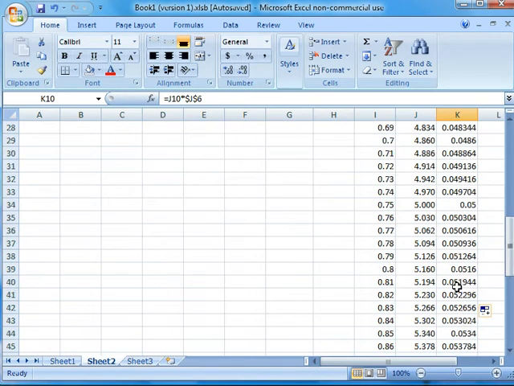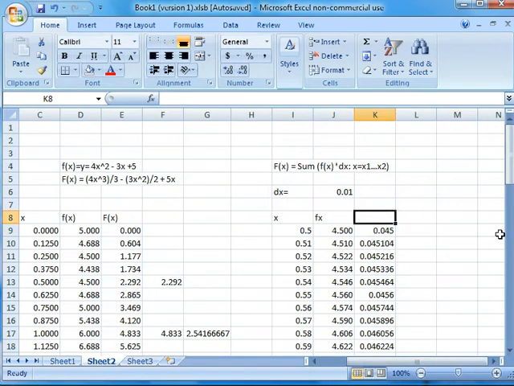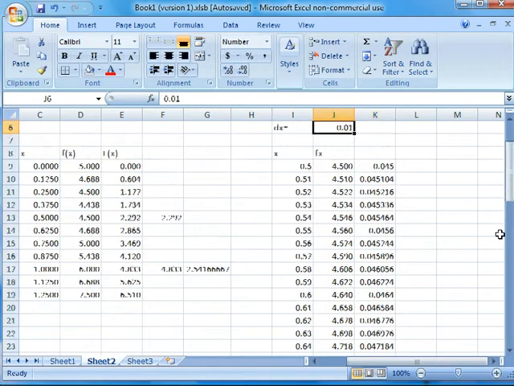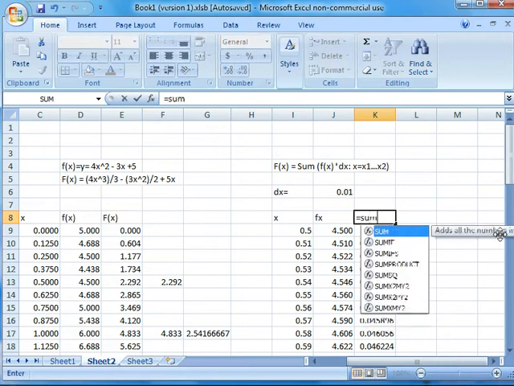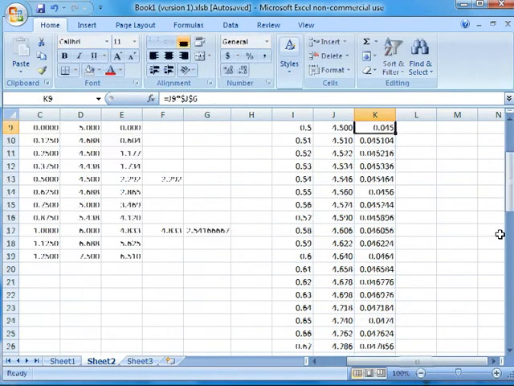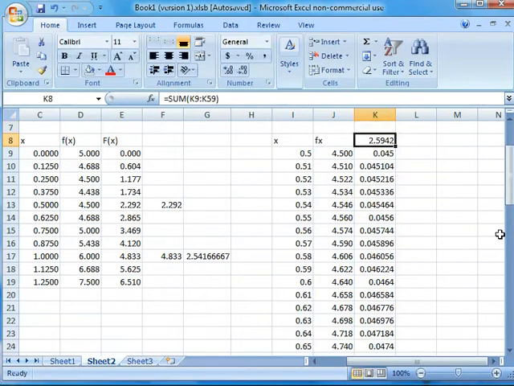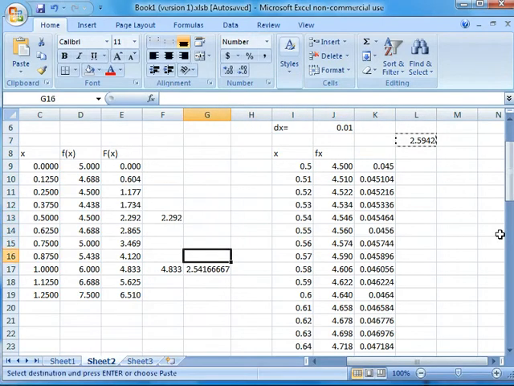There we go. And if we add all these numbers all the way to 1, the approximation that we obtain is 2.59. Let me separate that number here. And this is the number that we need to compare to 2.54.